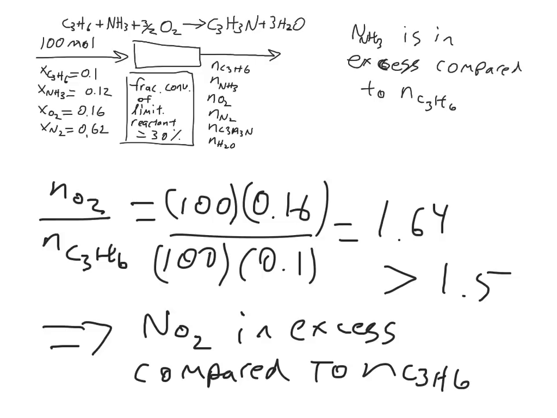So again, O2 and NH3 are in excess compared to C3H6. C3H6 is the one in the lowest stoichiometric proportion, so C3H6 is our limiting reactant. It's the one we'll use when examining the fractional conversion of the limiting reactant.